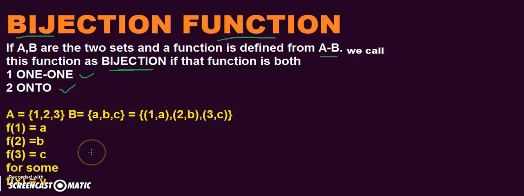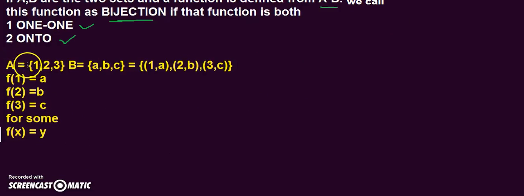Now, coming to the example, A is equal to {1, 2, 3} and B is {a, b, c}. Now, we have two sets A and B, and set A has these three elements, set B has these three elements.